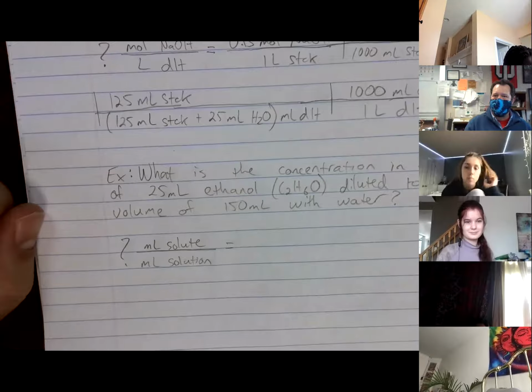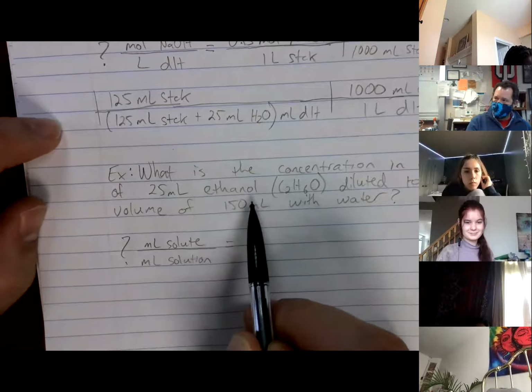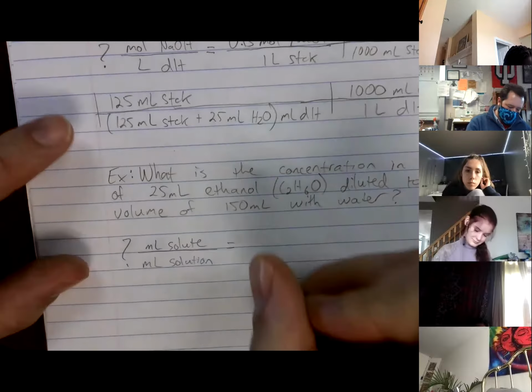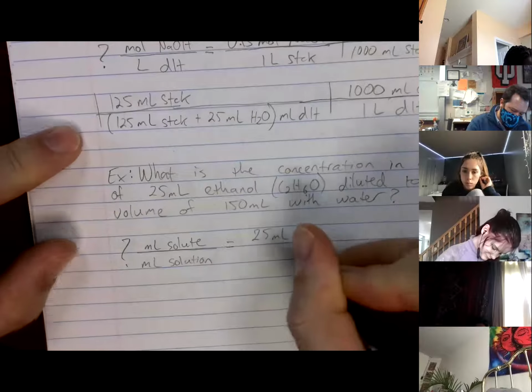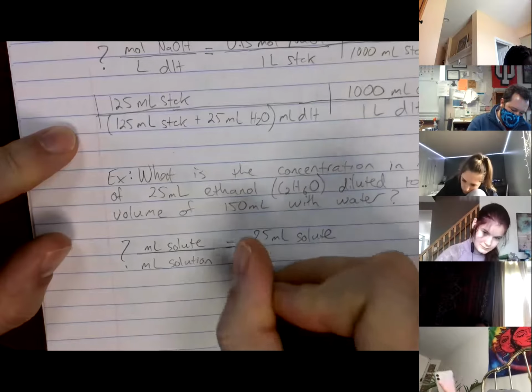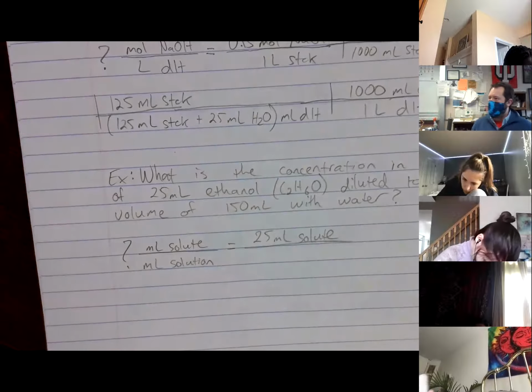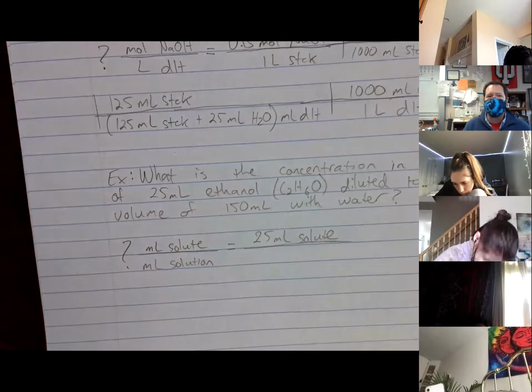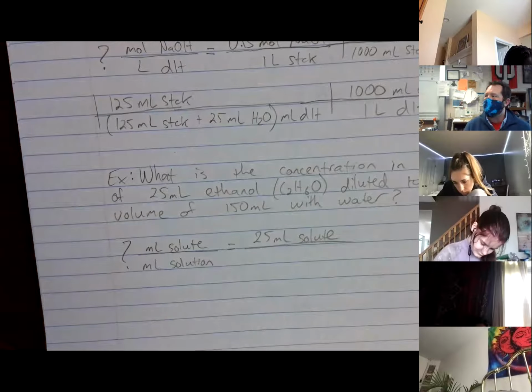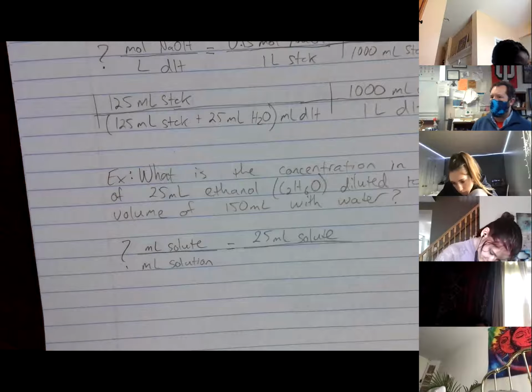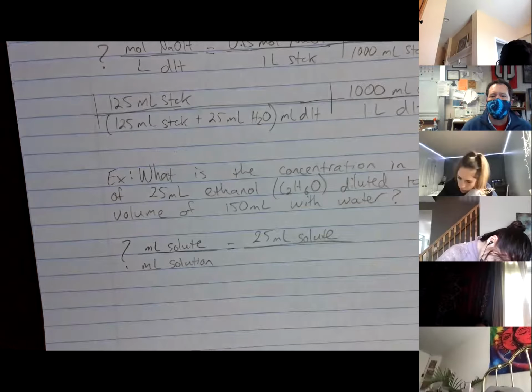Yeah, ethanol is my solute, and I've got my volume already. Guys, we're set on top. 25 milliliters of ethanol, 25 milliliters of solute. They told us. How about solution? How much solution do I have?